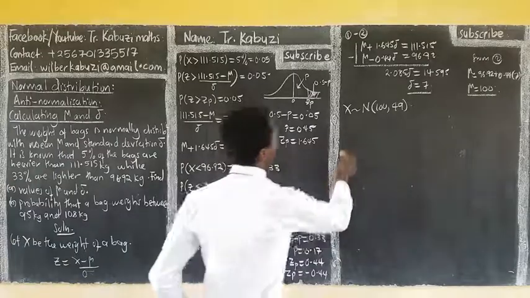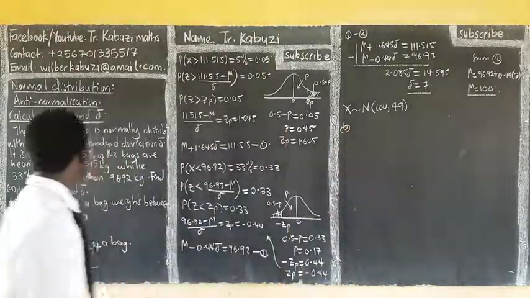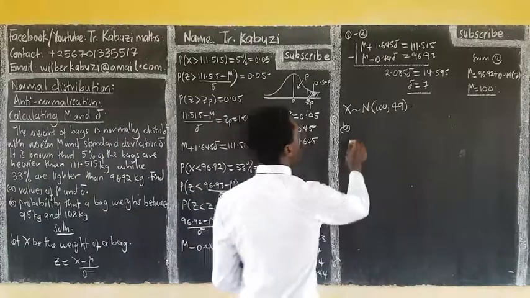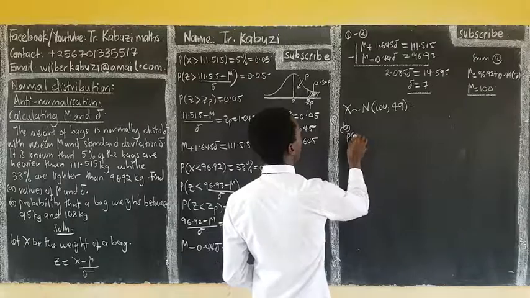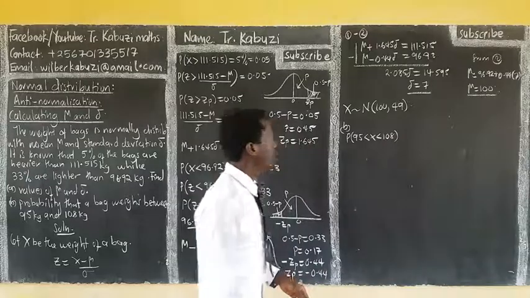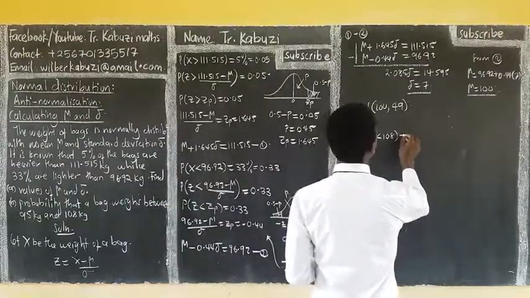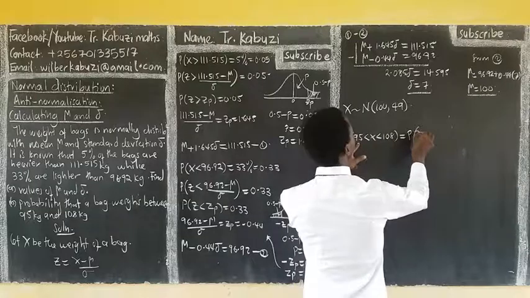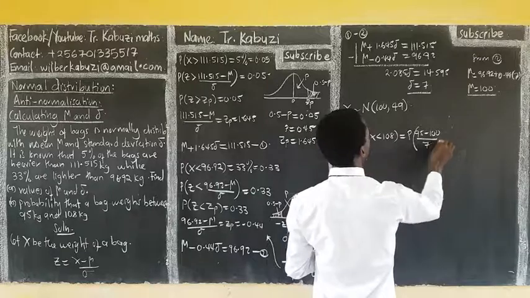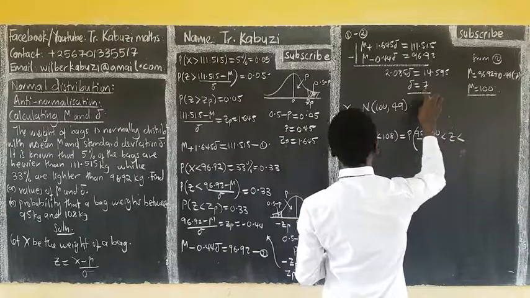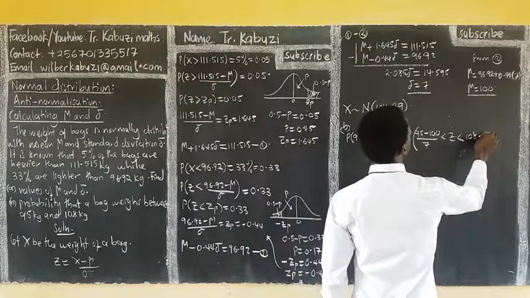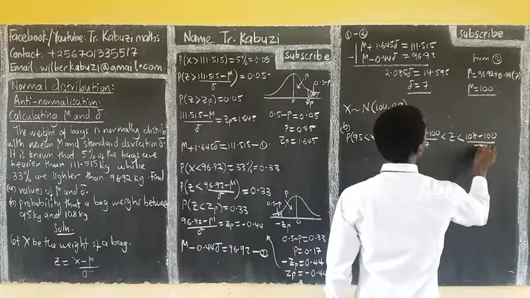When we come to part B, we estimate the probability that the bag weighs between 95 and 108. If I standardize this, this will be the probability of 95 minus mean over sigma 7, less than z less than 108 minus 100, the whole over 7.